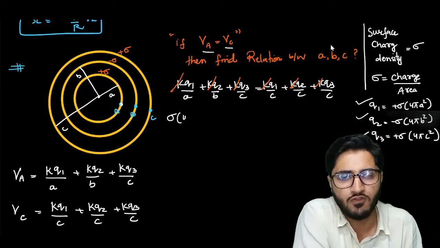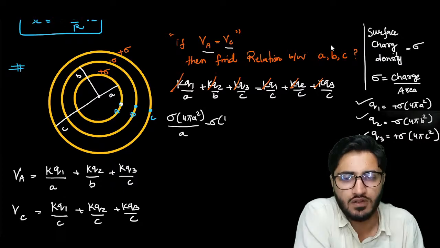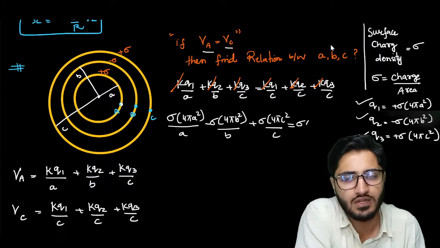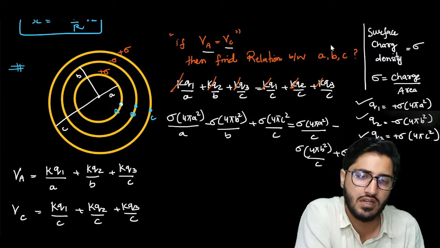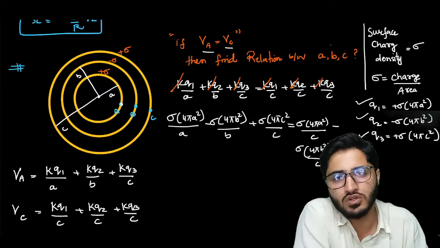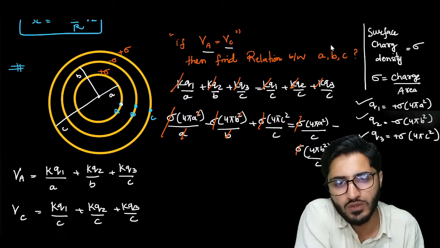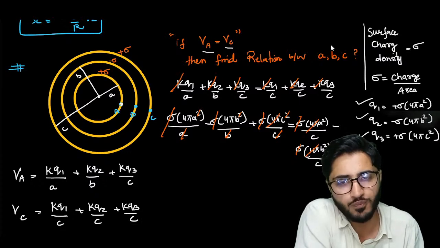Q1 is sigma 4 pi A square divided by A. Q2 is minus sigma 4 pi B square by B. Q3 is sigma 4 pi C square by C, equals sigma 4 pi A square by C minus sigma 4 pi B square by C plus sigma 4 pi C square by C. Sigma cancels out, 4 pi cancels out, and C cancels out.